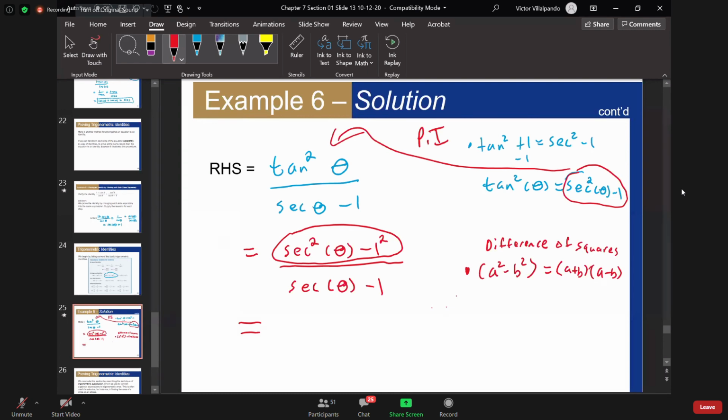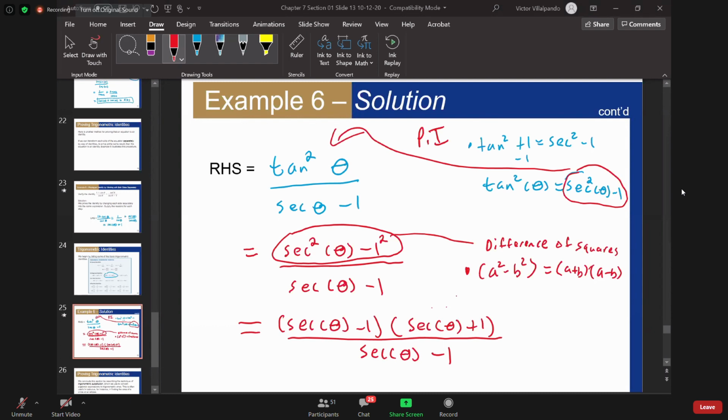All right, so the difference of squares allows us to write the top part as secant theta minus 1 times secant theta plus 1. I know I wrote it backwards. It doesn't matter, it could be a minus b or a plus b. And it's all over secant theta minus 1.